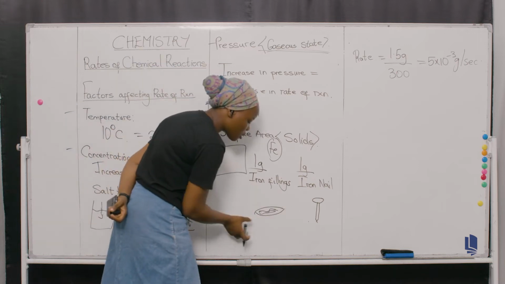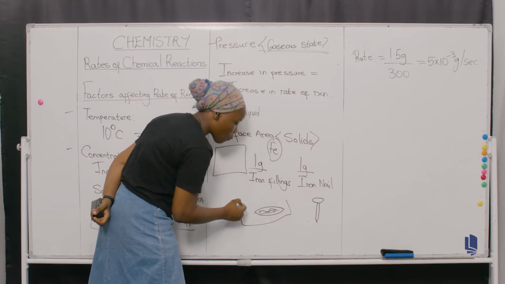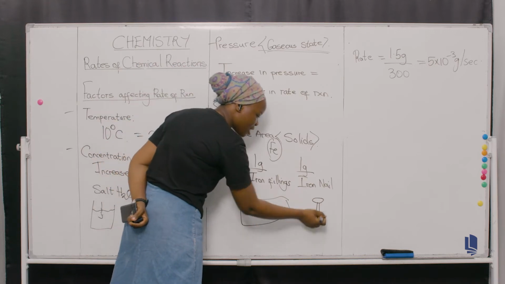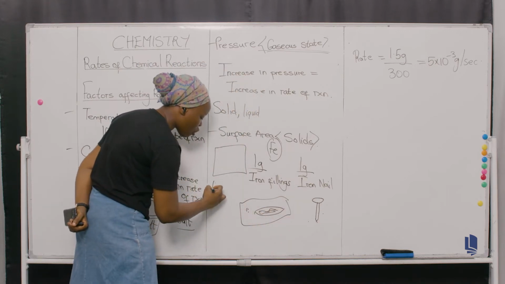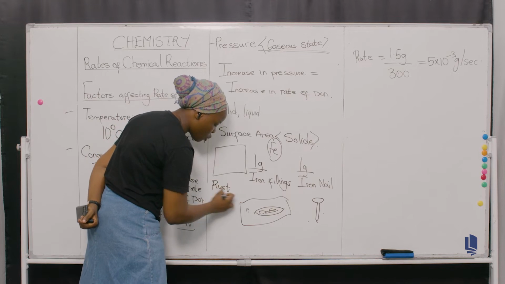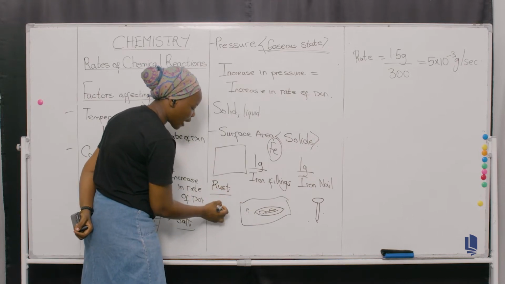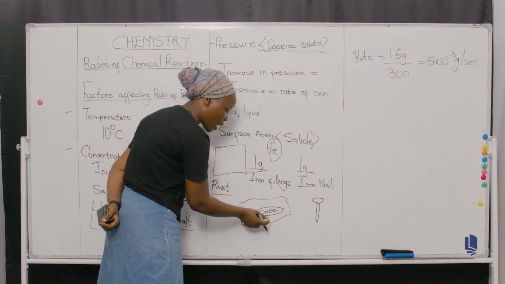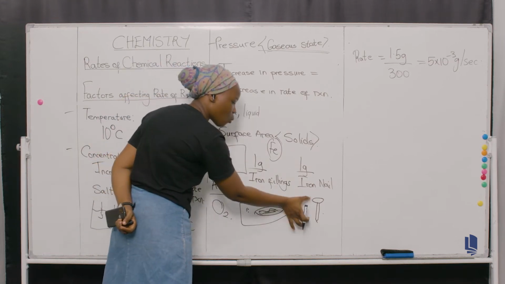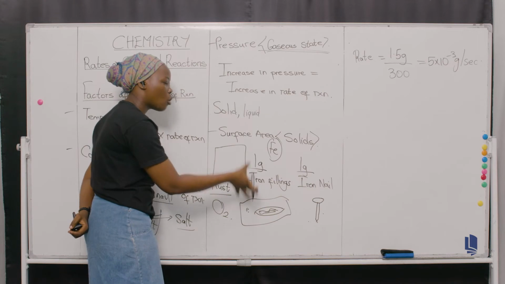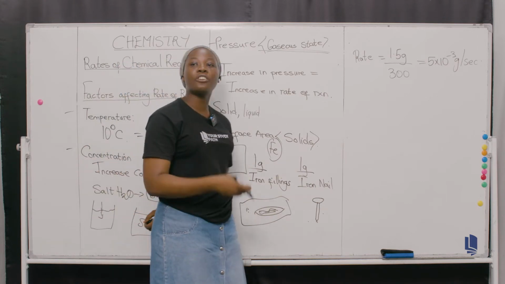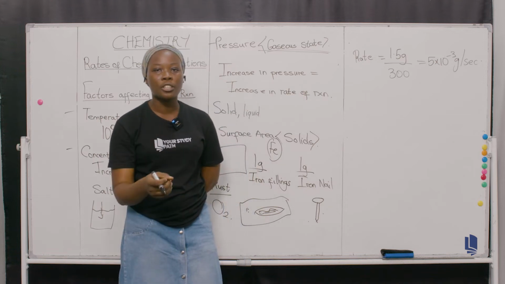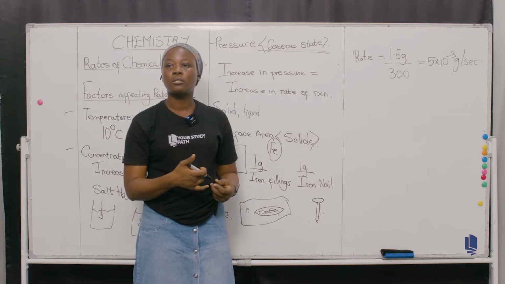But because this has a wider surface area, the rate of reaction will be faster here than this. Reaction like rusting. We know iron would undergo rusting when exposed to atmospheric air, but this would undergo it faster than this. Why? Because this has an enlarged surface area. So increase in surface area will bring about increase in rate of reaction. Are you clear on that?